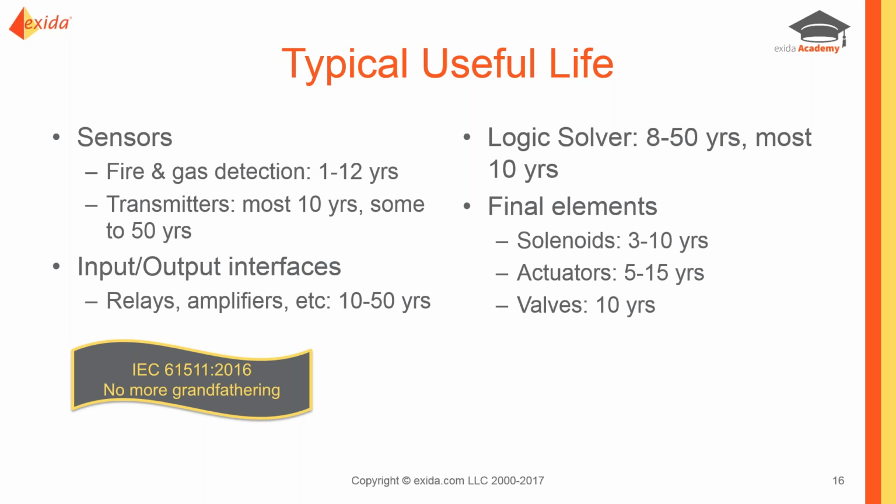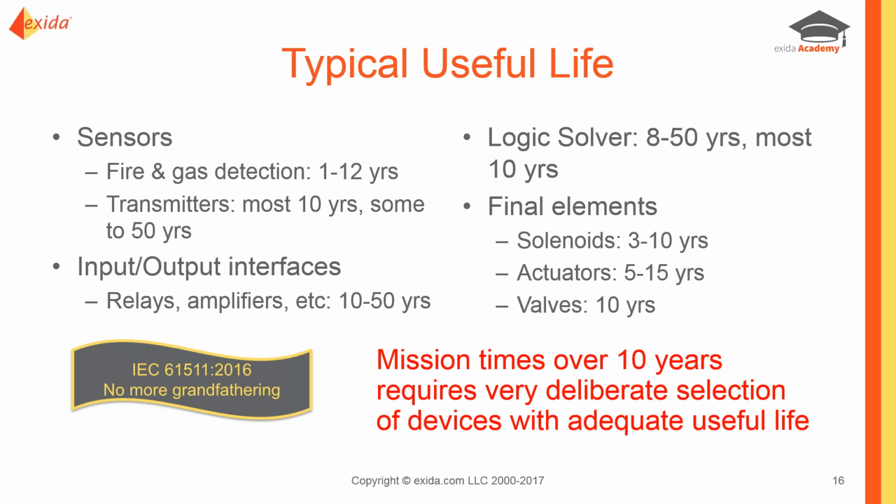So your procedures not only need to have guidance for selecting these devices, for looking at their useful life appropriately early in the process, you may also want to set up procedures where some of these things, like valves, are rebuilt much more often.